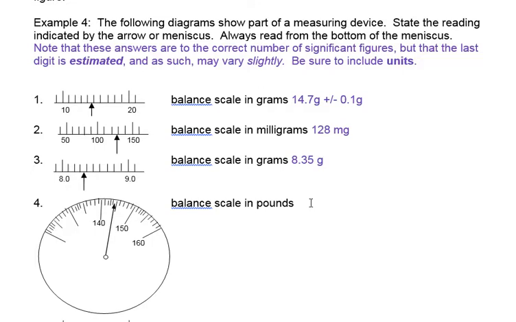Next example here, we're looking at a balance scale in pounds. So when we're estimating this one, looking at where that is, between 144 and 145, and estimating that last part. This one, those gradations are closer together, so that plus or minus is a little more, right? Plus or minus 0.5 pounds.